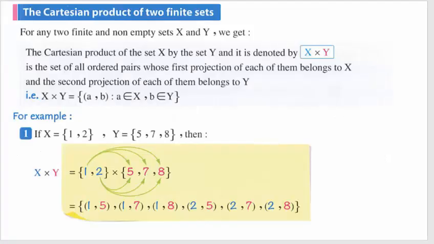Okay, the next part we will talk about the Cartesian product of 2 finite sets. What is the meaning of 2 finite sets? 2 finite sets, like for example x equals 1 and 2 and y equals 5 and 7 and 8. Here we have some specific values. It's not an infinite set.